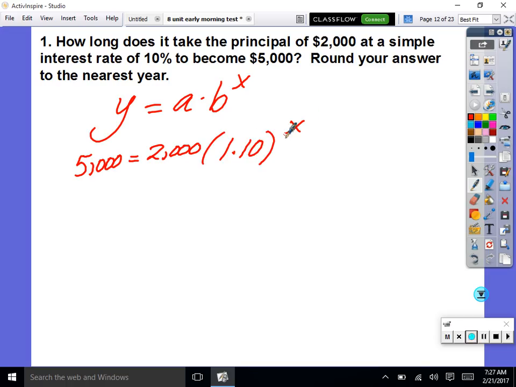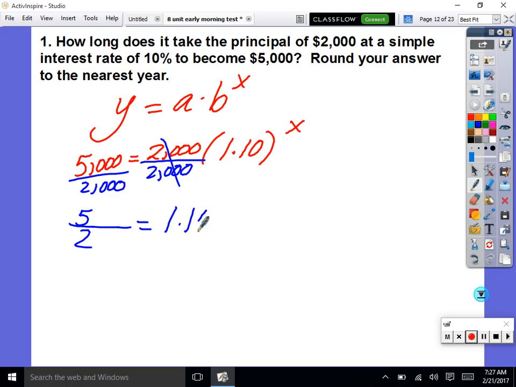And now we can solve it either by graphing or by algebra. Let's just do algebra because it's quick. To me, it's easier. So we isolate the base, so divide by 2,000. Divide by 2,000. So we have 5 over 2, that's what that would simplify to, equals 1.10 raised to the x.